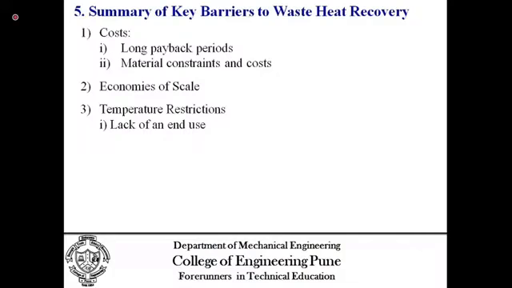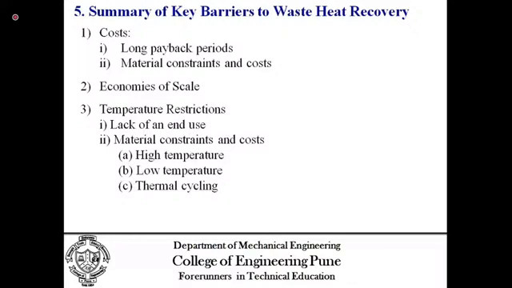Material constraints: sometimes high temperature, low temperature, and thermal cycling. Thermal cycling means there are certain processes in which the material is subjected to a high temperature, and then it is subjected to a low temperature. As we discussed with the hot wheel, the matrix is first subjected to high temperature, it may be very hot. And then in the second phase, within a few seconds or microseconds, that material is exposed to a low temperature.